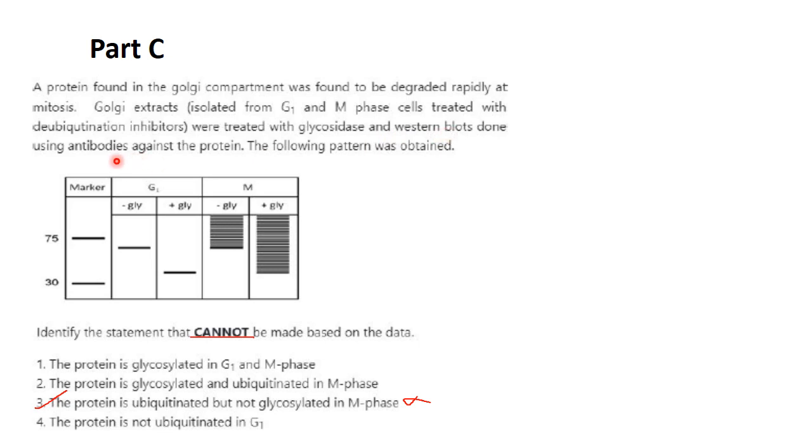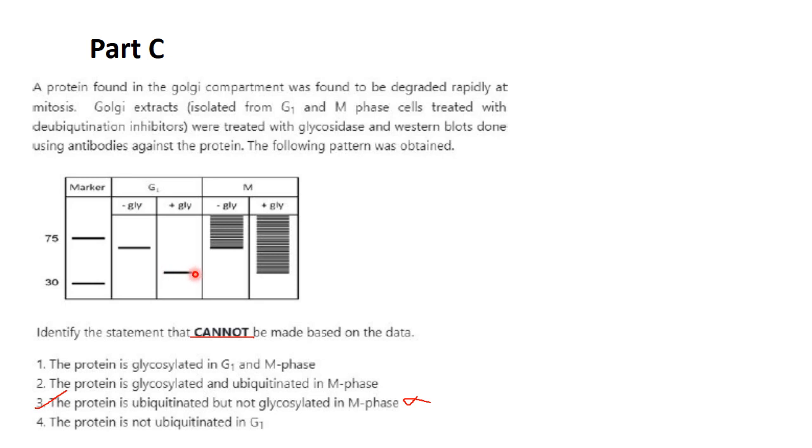And Western blots were done using antibodies against the protein. The following pattern was obtained. Identify the statements that cannot be made based on the data. So if you see the G1 phase, there is minus glycosidase. There is no glycosidase added. So the glycan molecule is attached and this band moves more slowly than the one in the second lane, in which glycosidase has been given and glycan molecules have been removed from the protein.